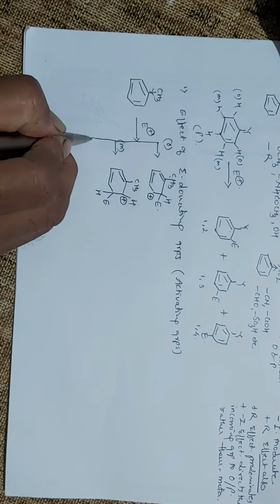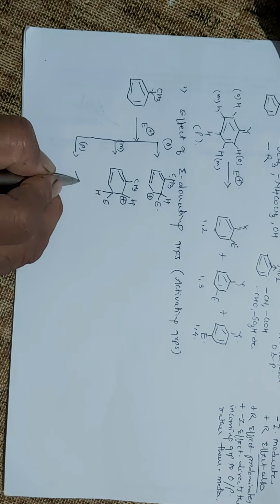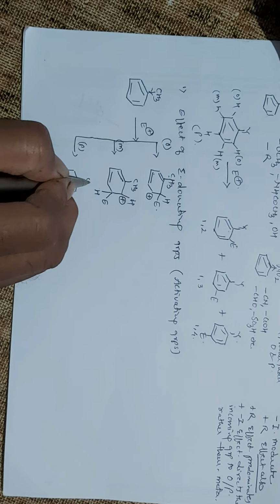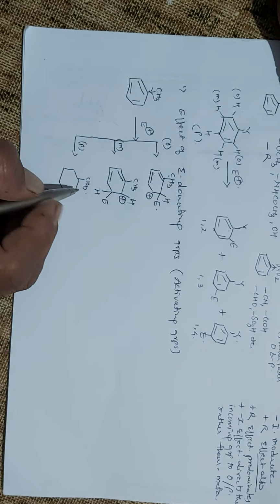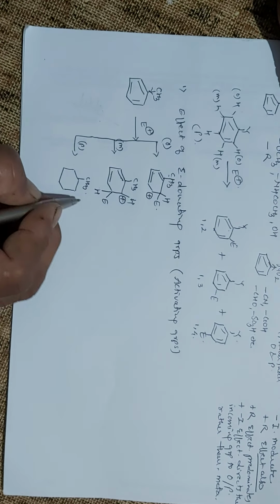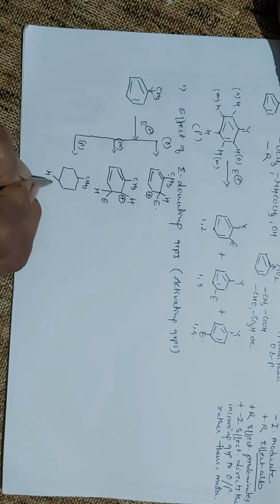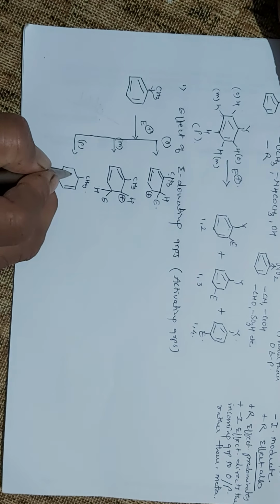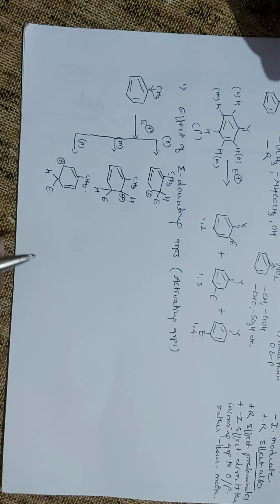Then if the substitution takes place at the para position, you will see the situation: H, E, and here the positive charge is seen.